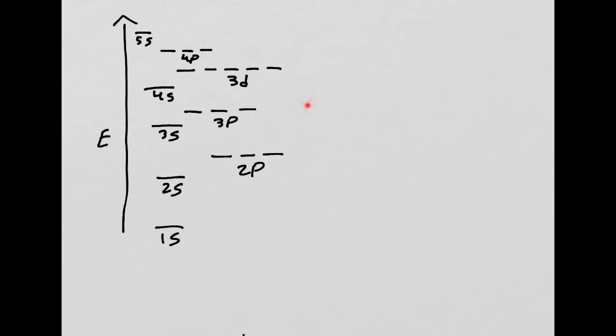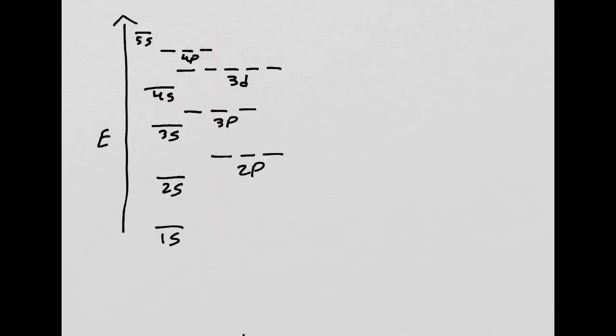You don't have to worry about this at all, because now what I'm going to show you is how to do the electron configuration based on a periodic table. And the periodic table will take care of all these abnormalities and all these exceptions for you. But I just want you to know that there are crossovers. You would expect 3d after 3p, but there's 4s at a lower energy.